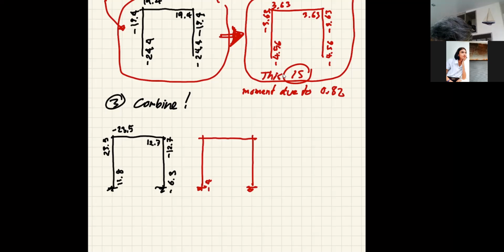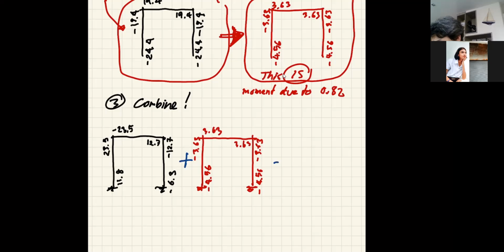Minus 4.56, minus 3.63, 3.63, 3.63, minus 3.63, minus 4.56. You just combine them.